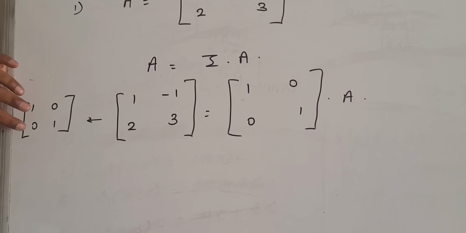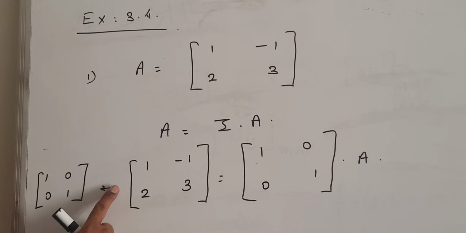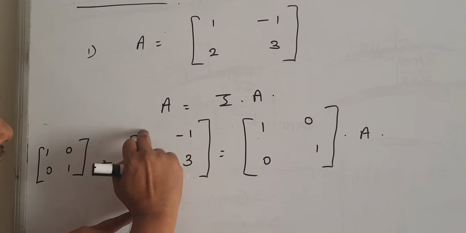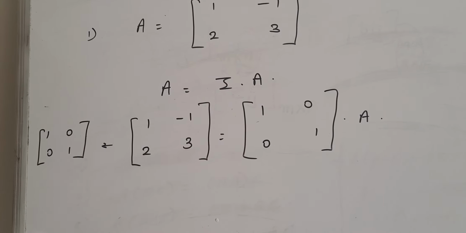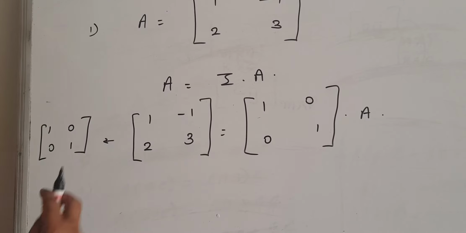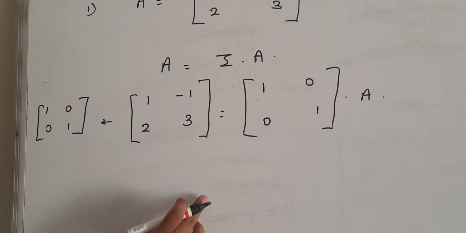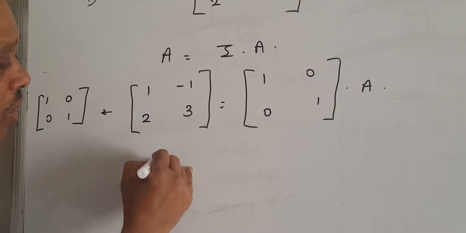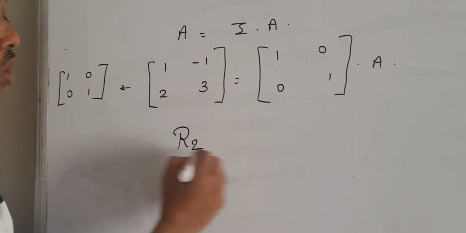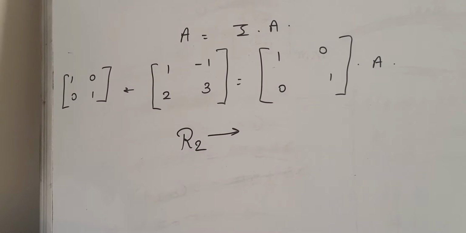Now what do we do? Just see here, if I multiply this by -2, what will happen? 2 into minus 2 will be 0. So that means in the second row we want 0 here. So which operation do we have to apply?